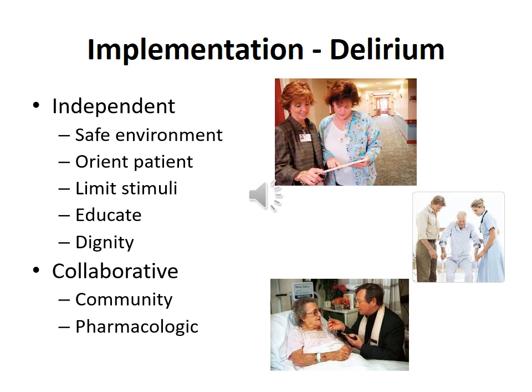So independent, right? The things we can do without any need for any type of orders are the ones that we have up there: independent, collaborative, or community, like we've said, and pharmacological, or of course, doctor's orders, right?